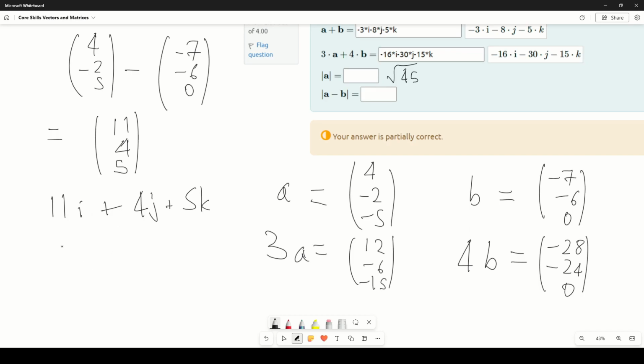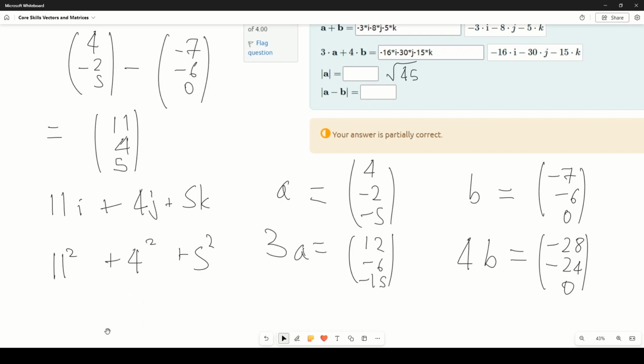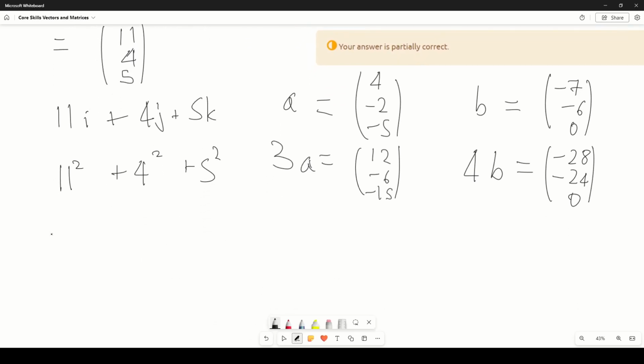Now again, we're going to go through the steps. We're going to square all of the coefficients independently, and then again, we're going to add them. So it'd be 121 plus 16 plus 25. And this would give us 162, I think.